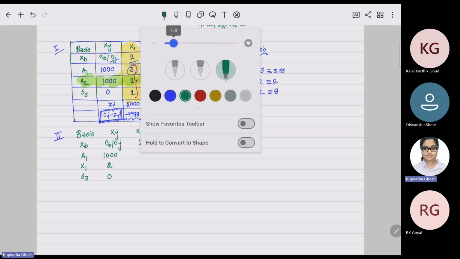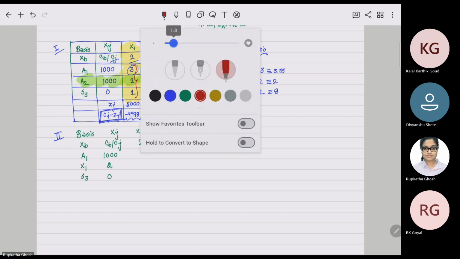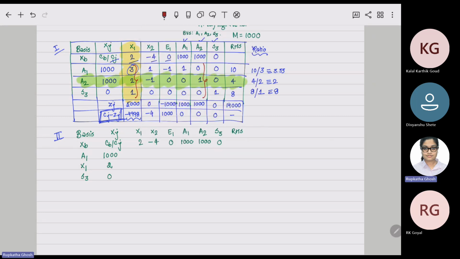Now, first things first. In order to make these similar, what transformations do we do here? If I have to make this 2 into 1, I do R2 by 2, so that this also becomes 1. So this is 1, minus 1 by 2, simple Gaussian row elimination stuff. Okay, 0, 0, 1 by 2, 0 and 2.